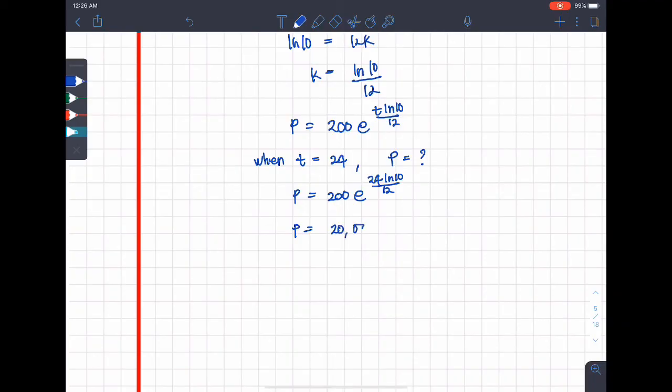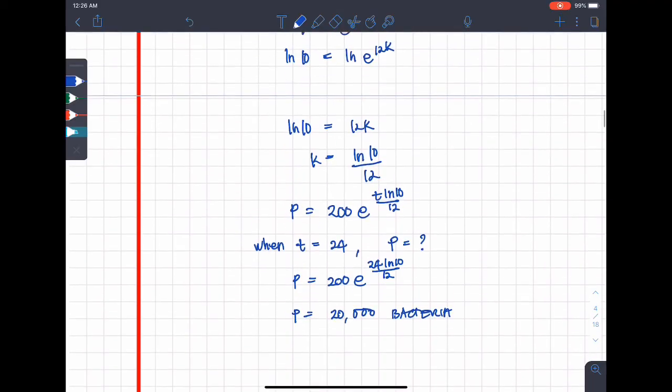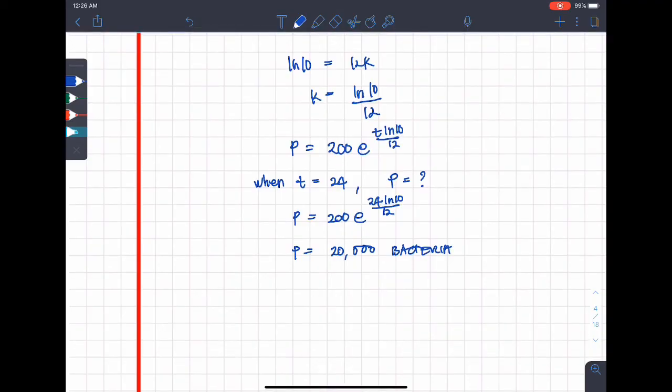So from 2,000, it becomes 20,000 bacteria accumulated after 24 hours. Okay, that is our second example.